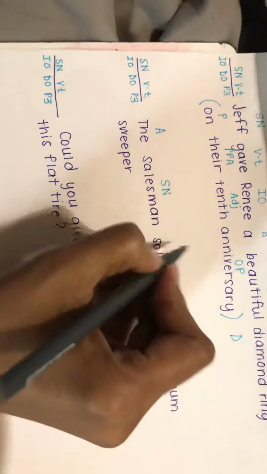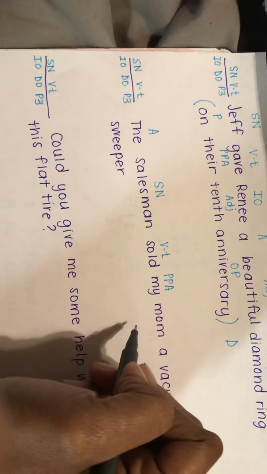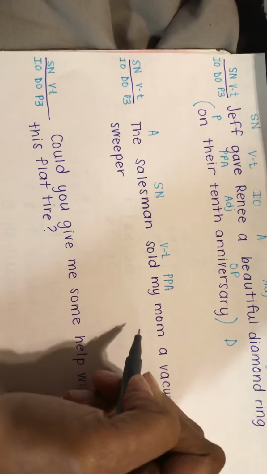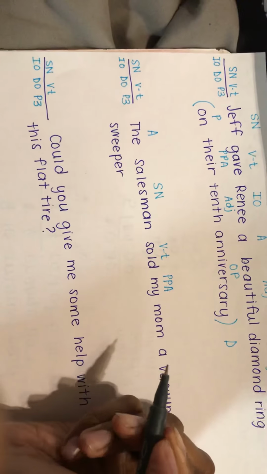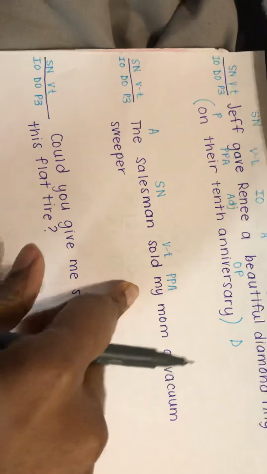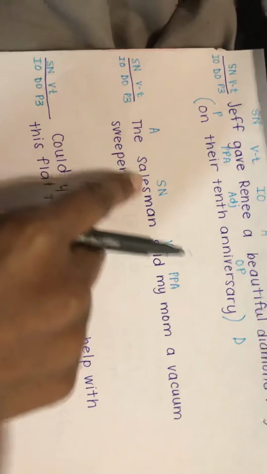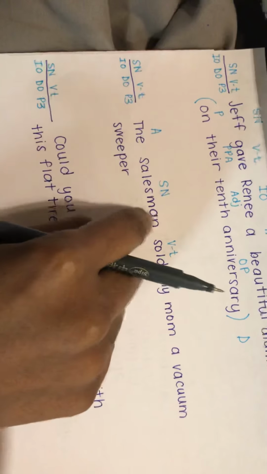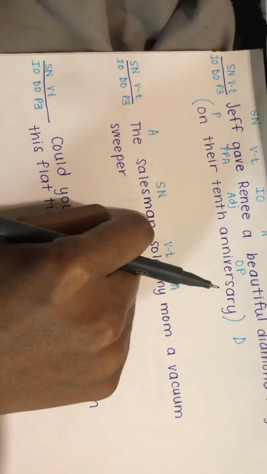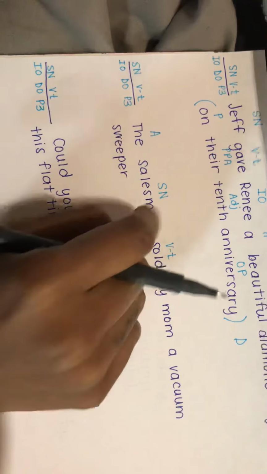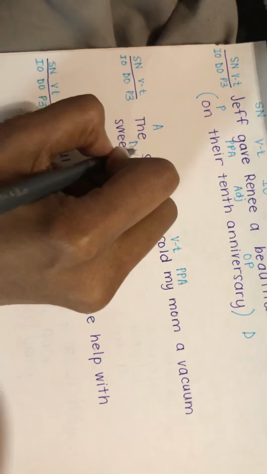My, boys and girls, we should automatically know my, their, PPA. Salesman sold what? He sold a sweeper. That's how we verify what our noun is in the sentence. Does the sweeper mean the same thing as the salesman? No. So sweeper is our direct object.